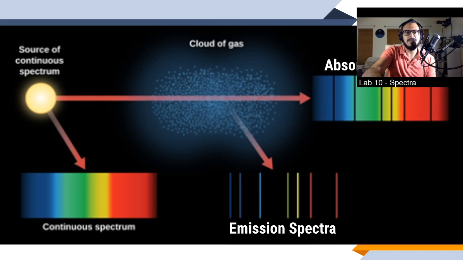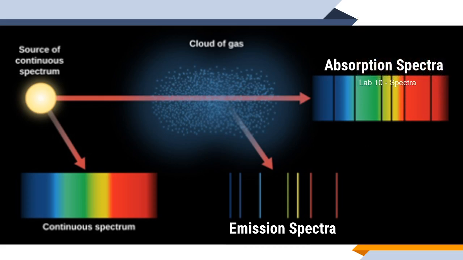So here we have one source of continuous light spectra, and what that looks like is, as you see, the continuous spectrum. It's all the colors blended from one to the next. Now, if the light passes through some cloud of gas, then we end up with 2 types of spectra. One is the emission spectra.